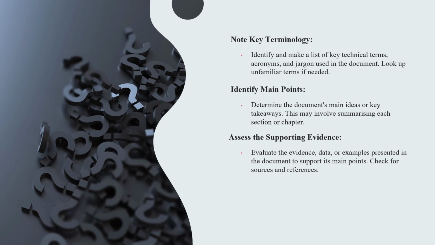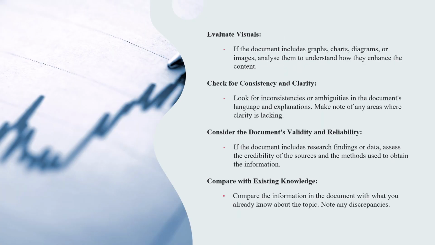Then you go with identifying the main topics or the main idea, and then you go by understanding the supporting evidence. If you see any visuals in the documents, sometimes you can see graphs, diagrams, charts, pie charts, pictures, figures, whatever visuals you see, evaluate them and try to understand the content.